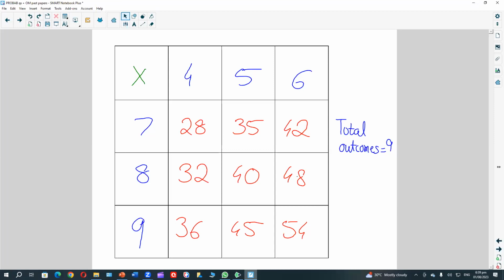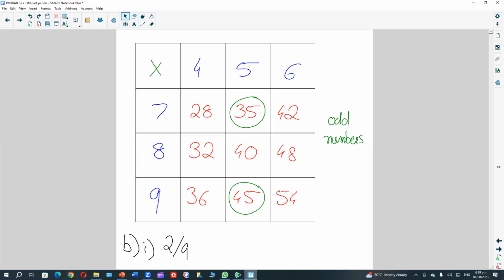Odd numbers are those which are not even. 35, 45. And that's it. Good. So the probability will be 2 upon 9.